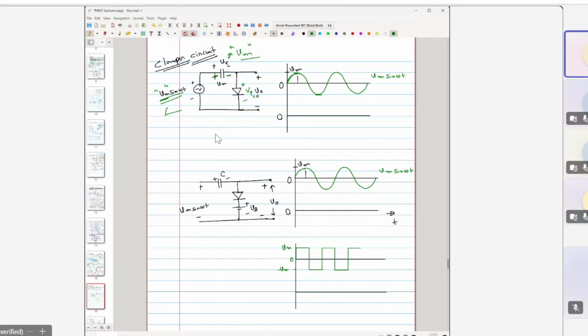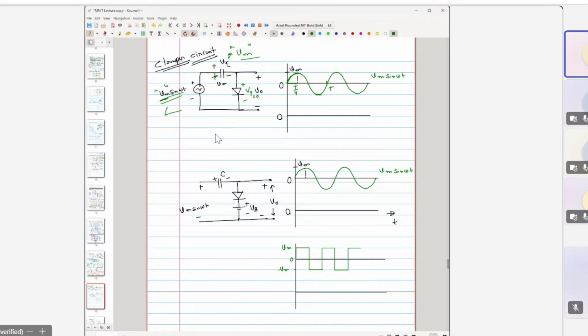And obviously it needs some time, because a capacitor cannot charge all of a sudden. Let us consider that if T is the time period, T by 4 is required to get the capacitor completely charged to Vm.